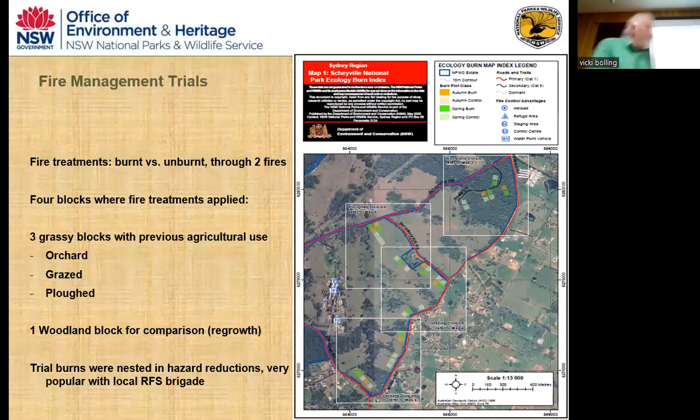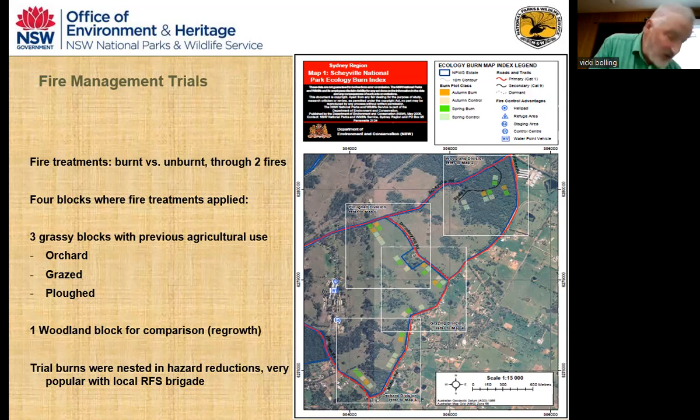So we did some pretty full-on experiments. Just put very simply, that's former orchards, that's former grazed areas, and that's former ploughed areas. And then that's our reference Cumberland Plain woodland.